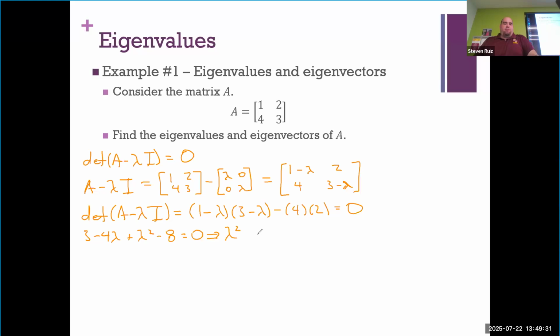Lambda squared minus 4 lambda minus 5 equals 0. So what's lambda equal?